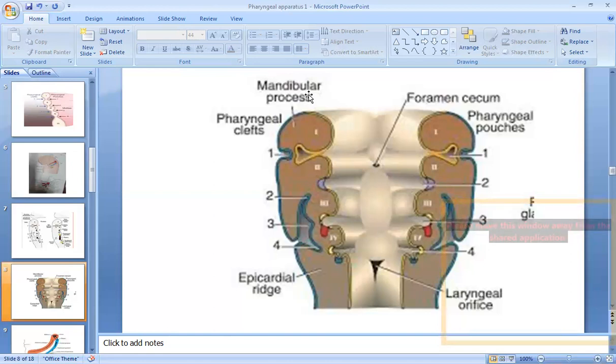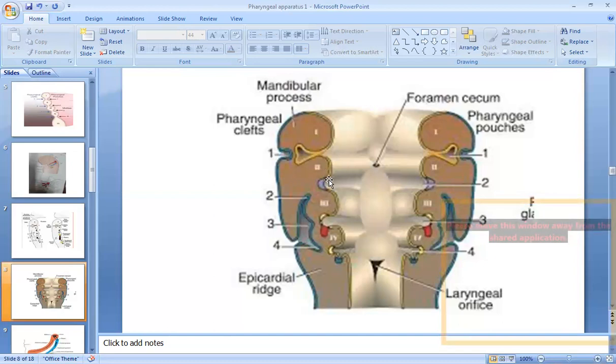The maxillary process and the mandibular process take part in the formation of the maxilla, the nasal bones, the zygoma, and part of the squamous bone. And this will form the mandible as well. Okay. Now this is the second arch. The second arch again is mesenchymal tissue lined from outside by the ectoderm and from the inner side by the endoderm.